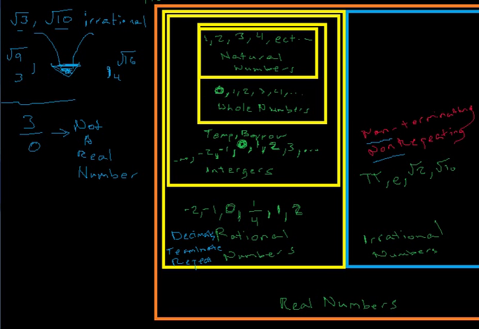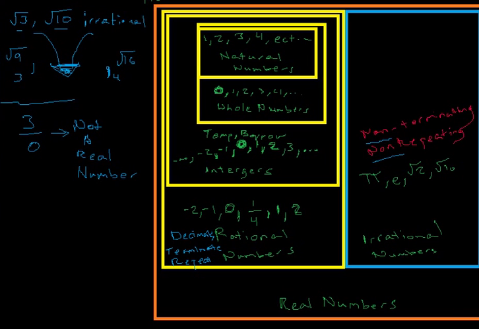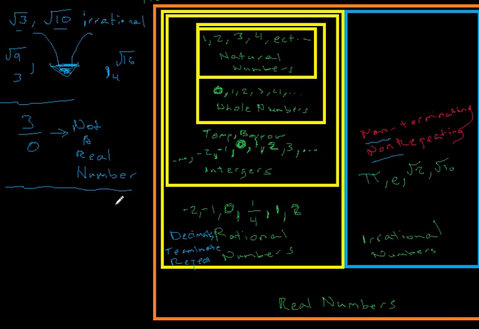Let's take a look at the square root of, I don't know, 1 over 4. So this is the square root symbol. The square root of 1 is 1, and the square root of 4 is 2, so 1 over 2, or half.